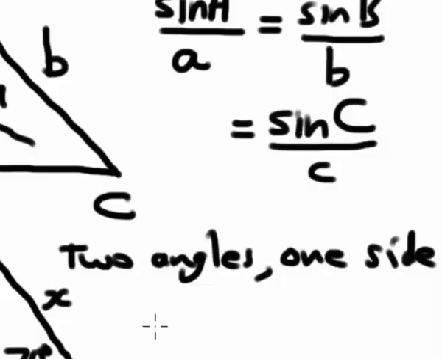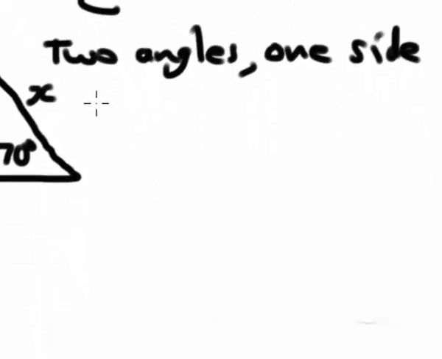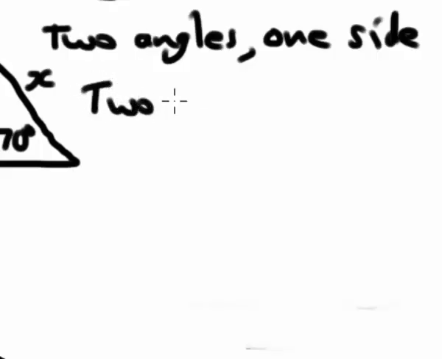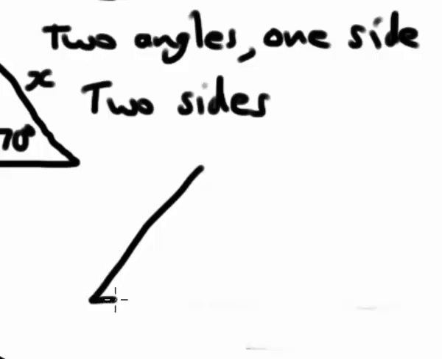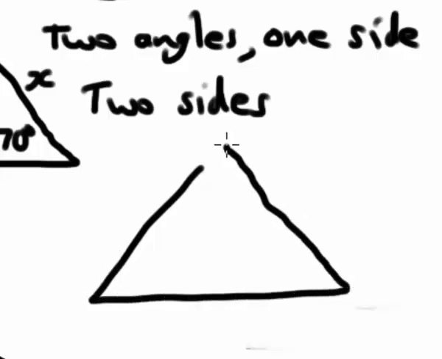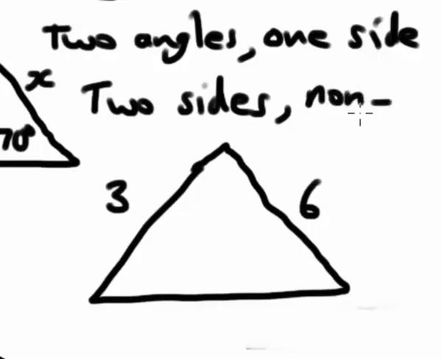The other time that you can use it is if you've got 2 sides. Let's just draw the 2 sides quickly. We might have that 3 and that being, say, 6. But we have an angle, and if you remember, it's what we call a non-included angle.